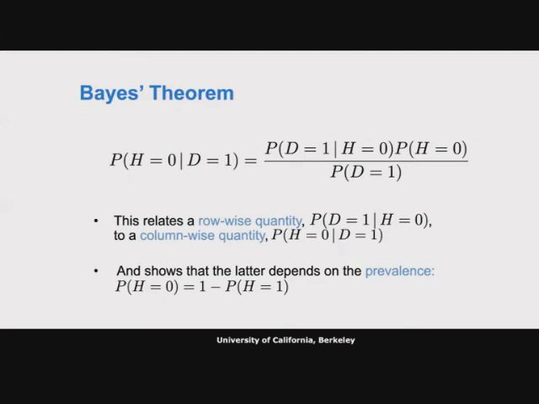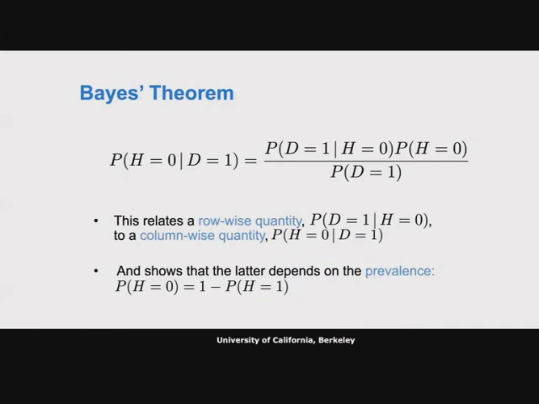Very different than the false positive relative to all those cases where the null hypothesis was true, when H is equal to 0. We're looking down a column instead of across a row. In both cases, the numerator, though, is that upper right-hand corner in the table. So that's the first point, which is Bayes' theorem in general relates one conditional probability to another, flips things around. If you think about these little tables, it's flipping the rows and the columns.